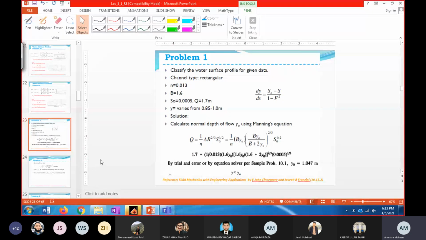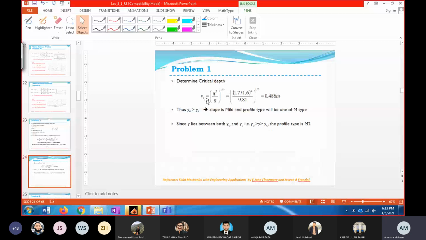Yeah. So you need to calculate Y naught as well as YC both to classify the water surface profile. So YC value can be calculated using the formula Q square over G raised to power 1 by 3. Okay, and you get that YC. So now you can say with confidence that it is M2.